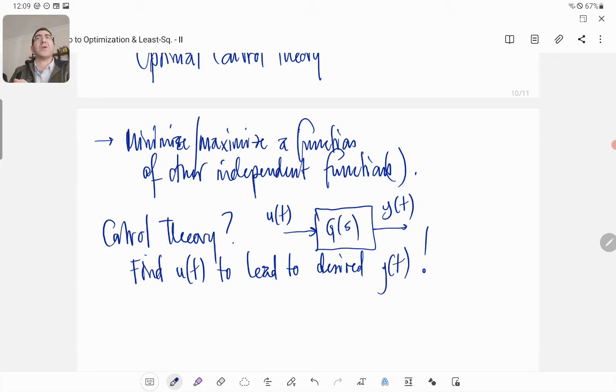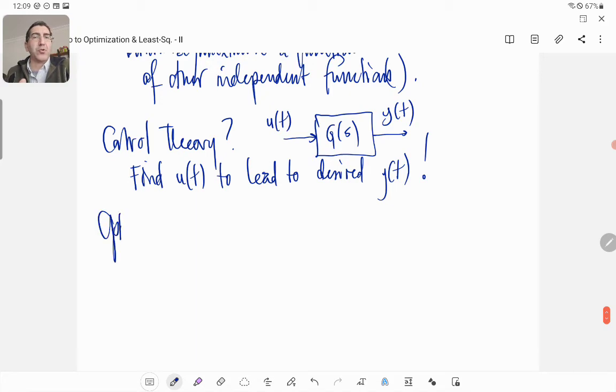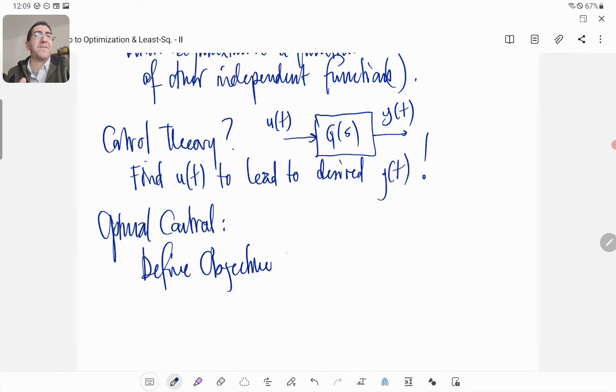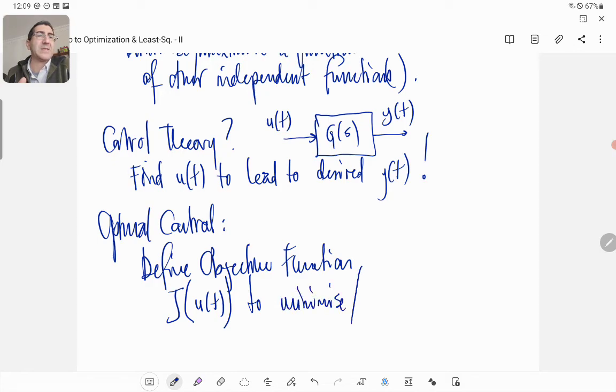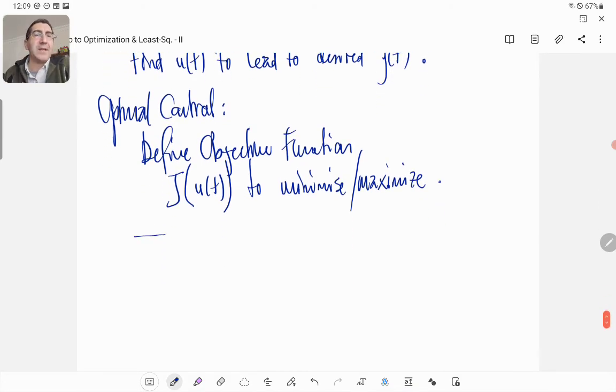Well, you can ask this kind of question: can I define an objective function J, which will be a function of U, to minimize or maximize, and find the optimal U star of t?